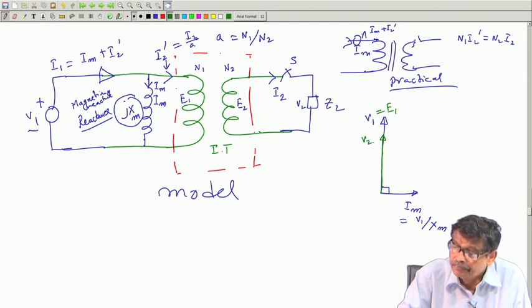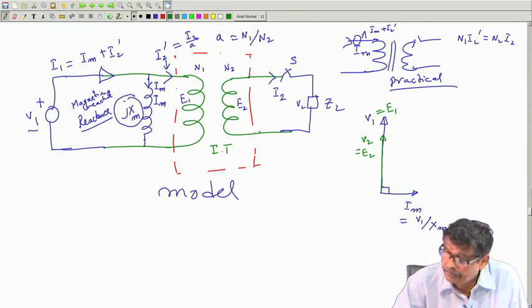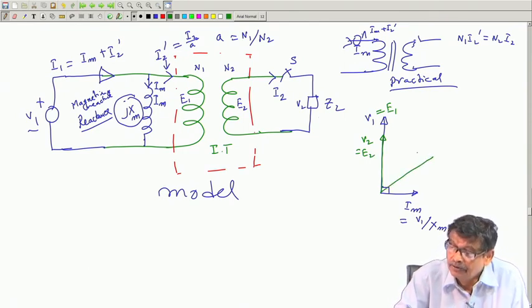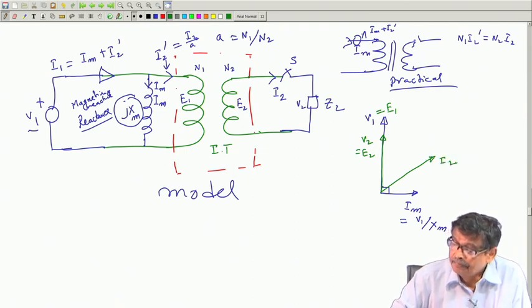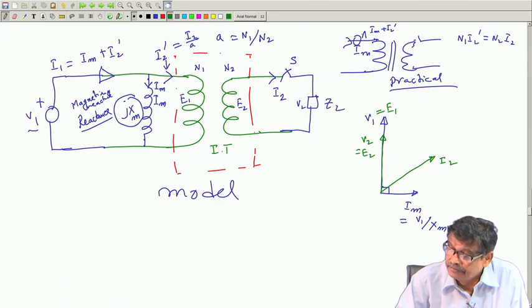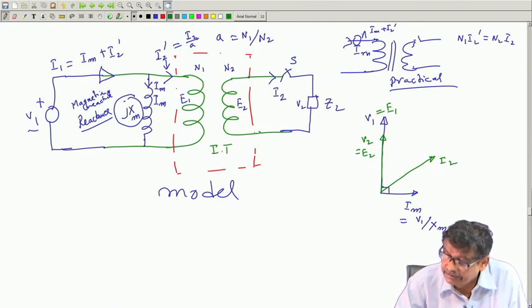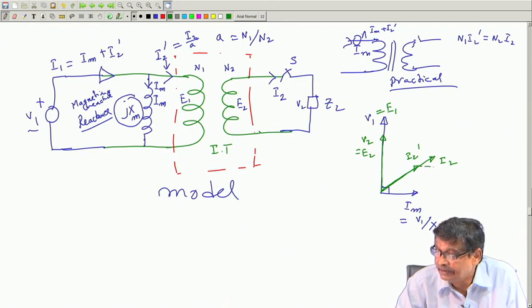And this will be your V 2 which is same as E 2, and suppose the load power factor decides what is the current here, I 2. Then the current drawn from the primary will be I 2 dashed, I 2 you have got, get I 2 dashed, and then this I 2 dashed plus this I m, if you add you will get primary current I 1.